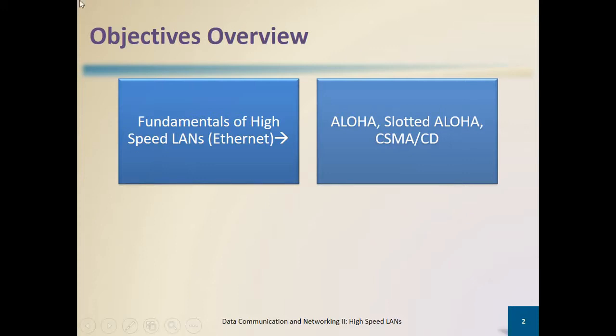These are more or less your earlier implementations of high-speed LANs, and challenges that came up within them got resolved with the different standards or designs that came up. So Aloha was the initial one, and it had so many challenges, so they moved on to a better implementation called slotted Aloha to address some of the challenges that Aloha had.